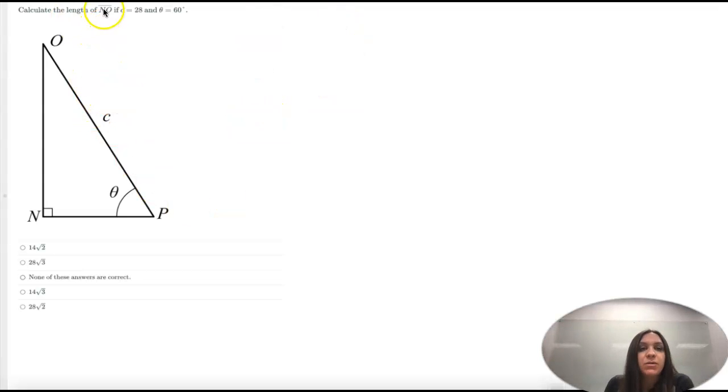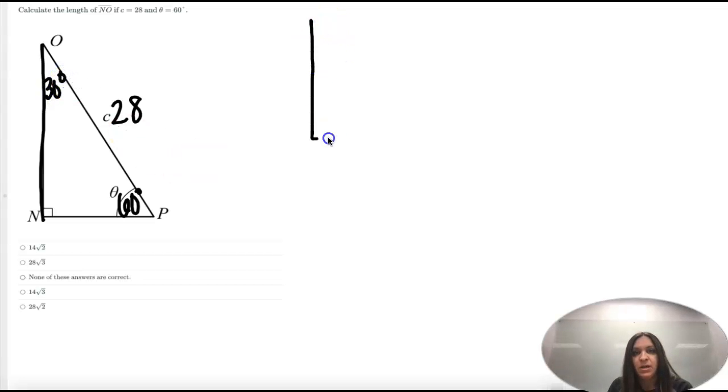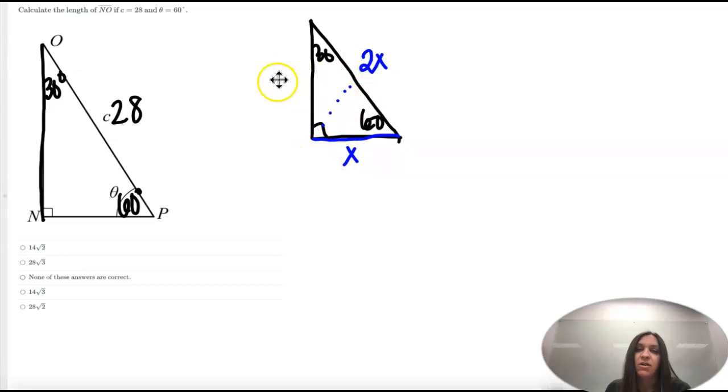So let's do another one. Calculate N to O. That's if C is 28 and theta is 60. Alright, so 30, 60, 90. I'm going to draw the general triangle again so we can get an equation. That's what we need here. We need an equation. So the short side is X, the hypotenuse is double, and the long side is X square roots of 3.